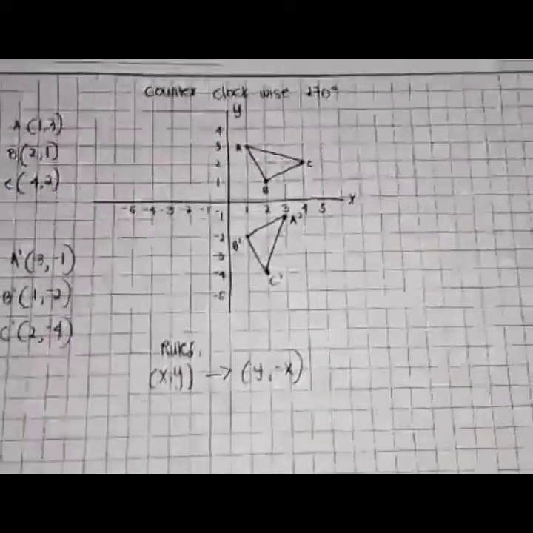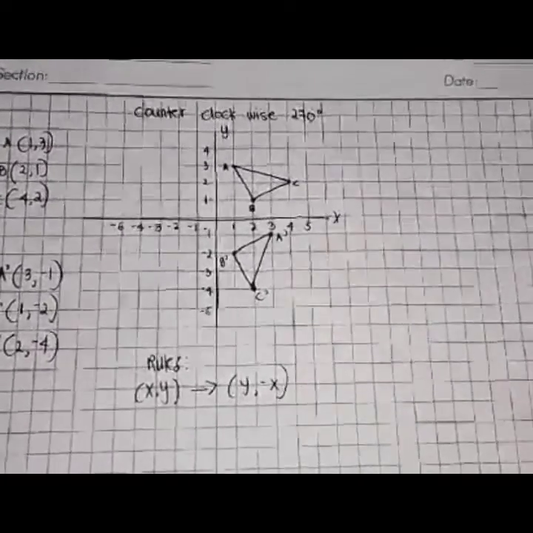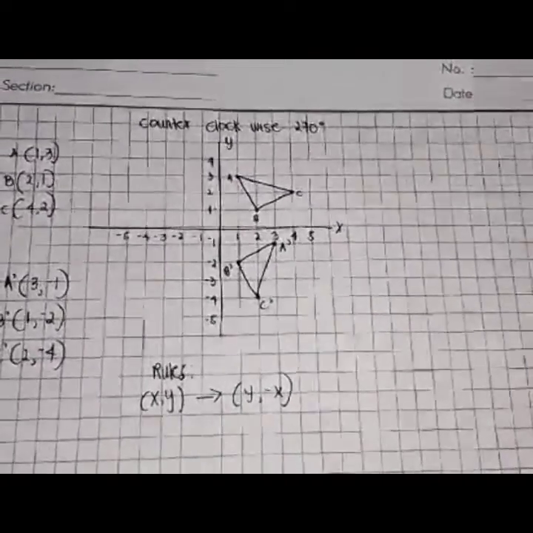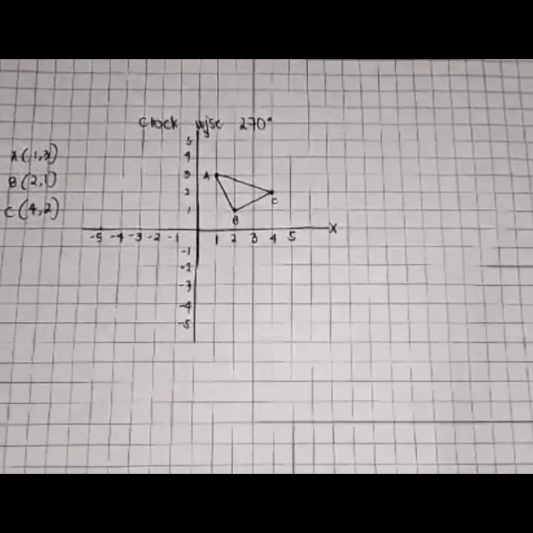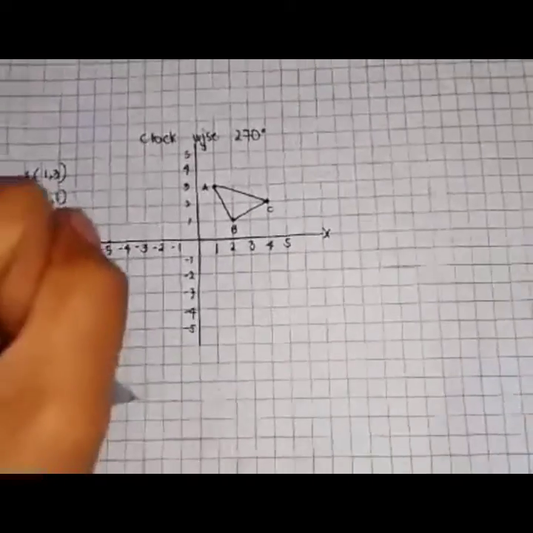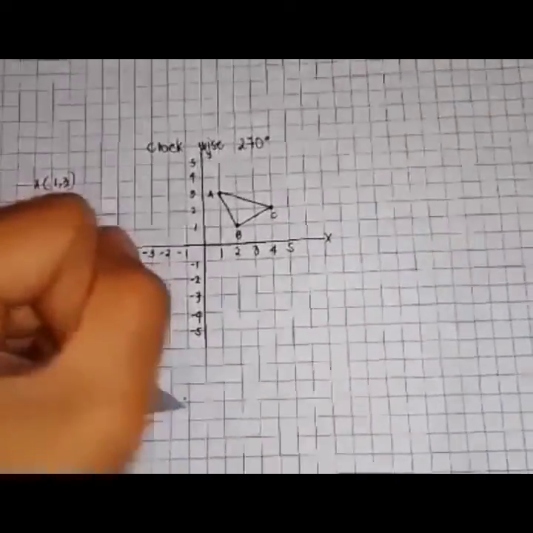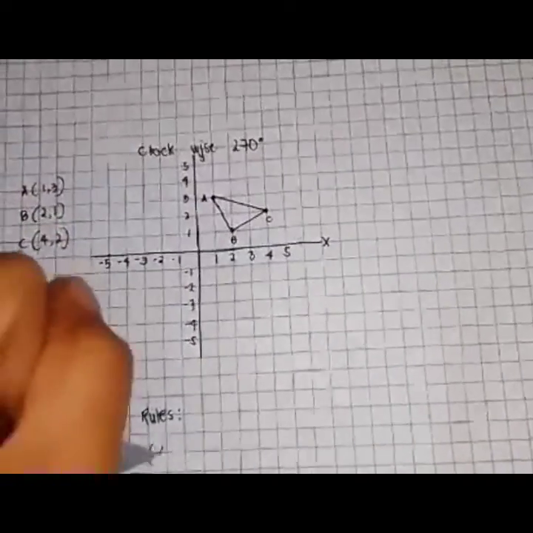And here is the result of counterclockwise with 270 degrees. Here is the example of clockwise with 270 degrees. Again, same process. Just follow the rules of each degree.